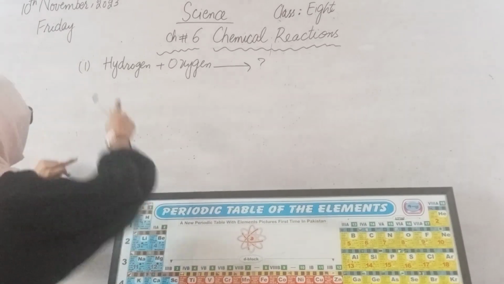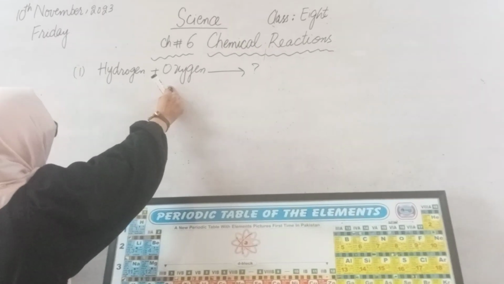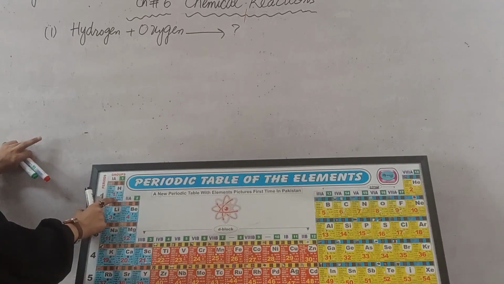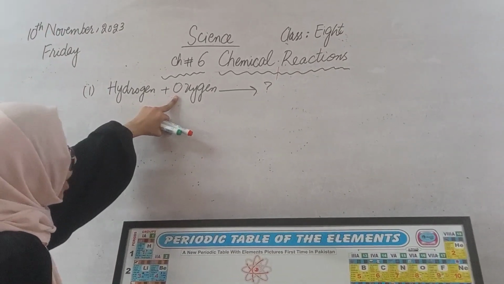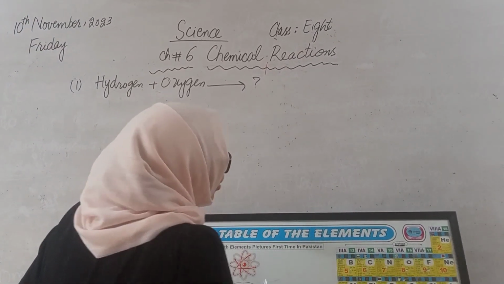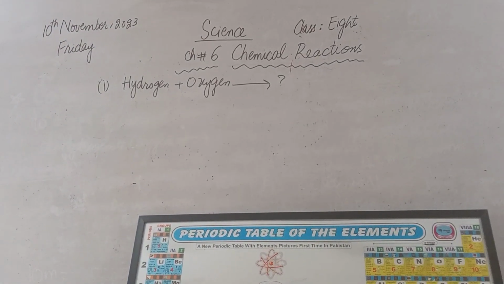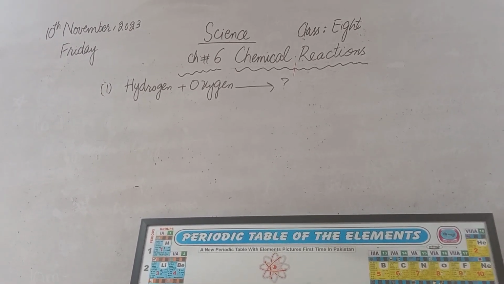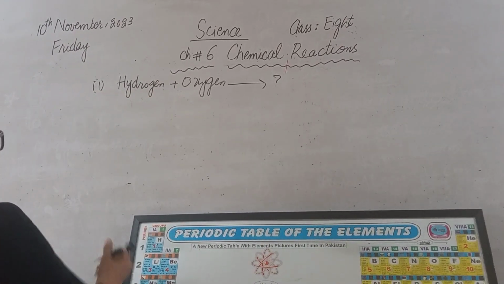Hydrogen has a symbol H, you can get an idea from the table as well, and has charge +1. The other one is oxygen. It is in group number 6. So you know that every element has to complete the 8 electrons. So we will subtract that 6 from 8. 8 minus 6 is 2. It has charge -2.